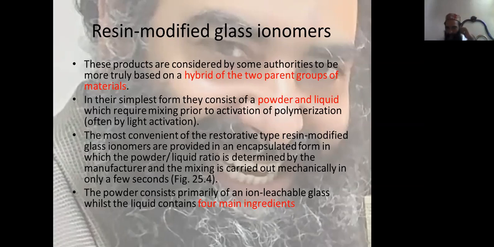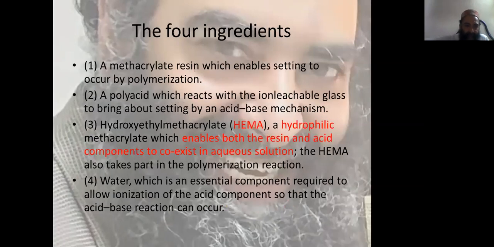and the liquid contains four main ingredients. Number one, a methacrylate resin, required for the polymerization and setting. Two, a polyacid, to initiate the acid base mechanism and reaction with ion leachable glass.